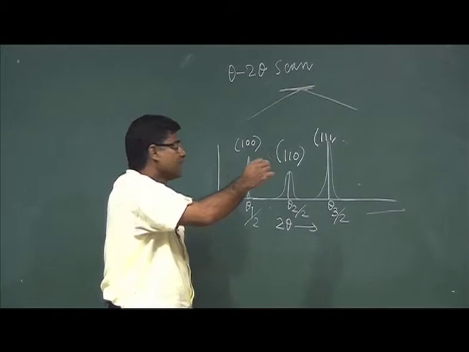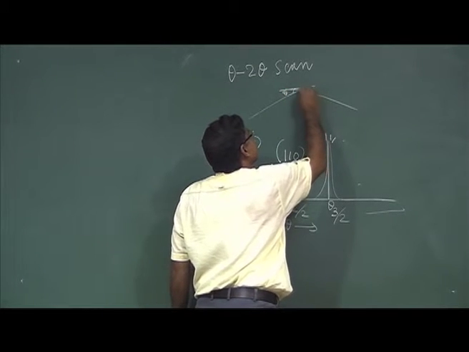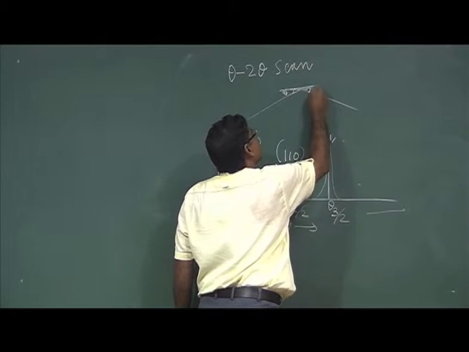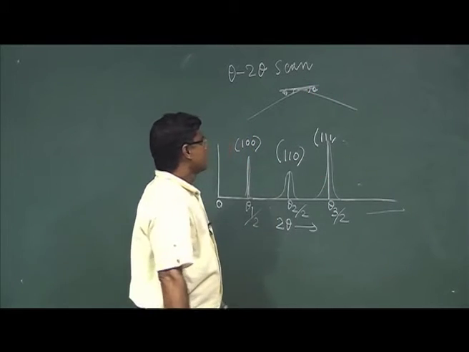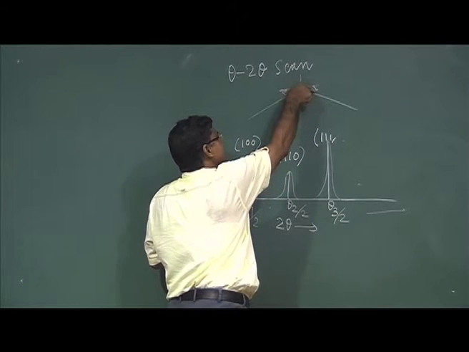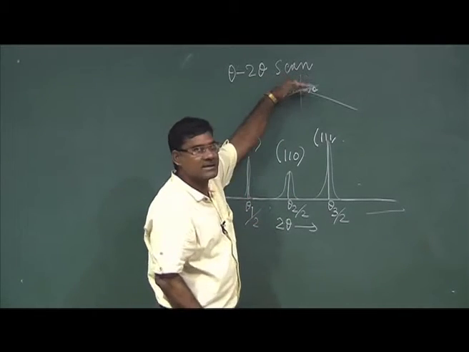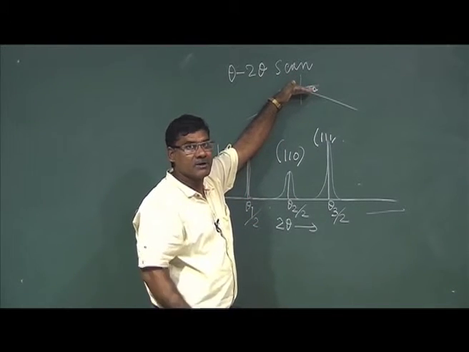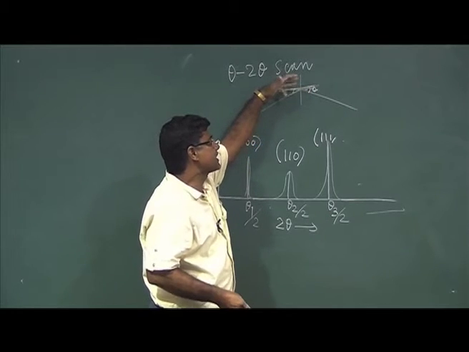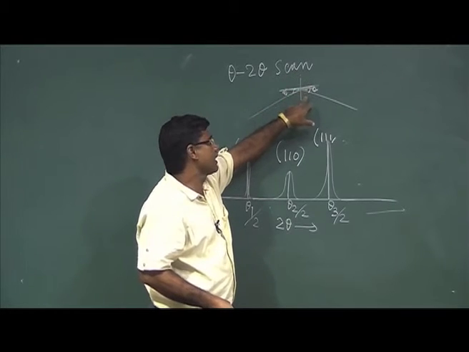This grazing angle is theta, and it is reflecting at theta. Now there is an arrangement to rotate, to change this angle theta. You can change this grazing angle using a goniometer basically.